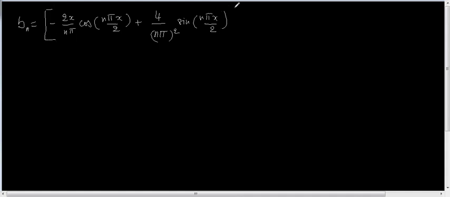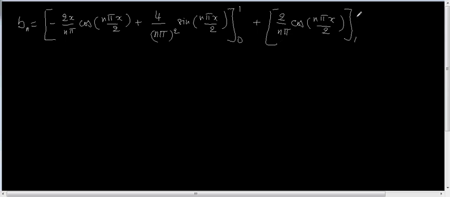This is between 0 and 1. And for the negative sign, if we integrate, that will be cosine. So plus 2 over n pi cosine n pi x over 2 between 1 and 2.